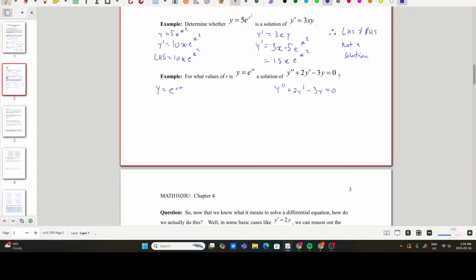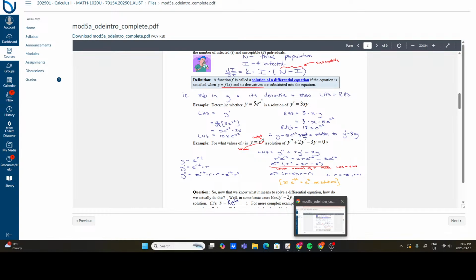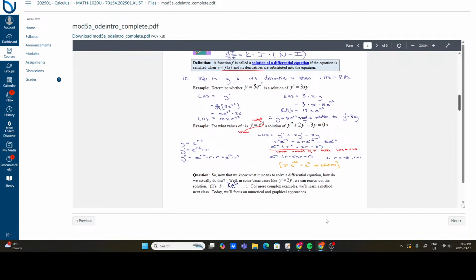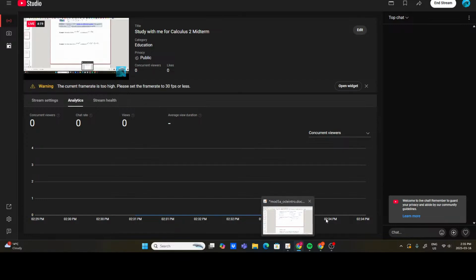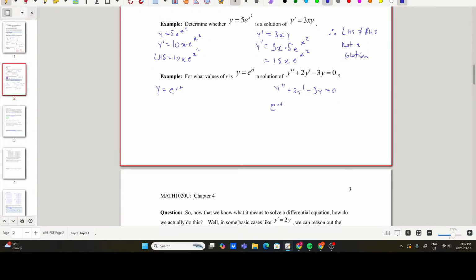It's just going to be e to the rt, but I'm taking the second derivative of this. How do I represent that? We can just display it on the right-hand side.